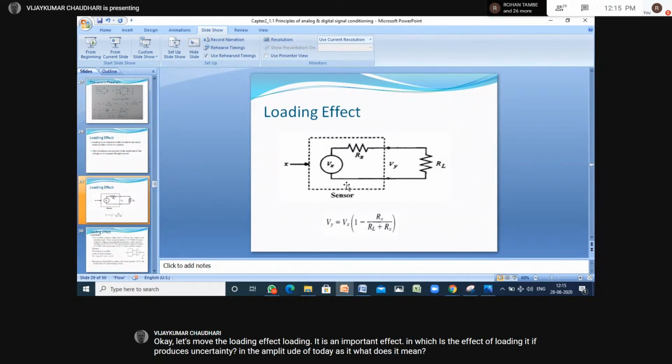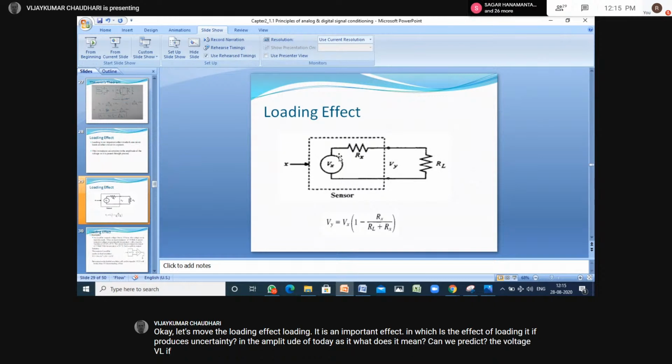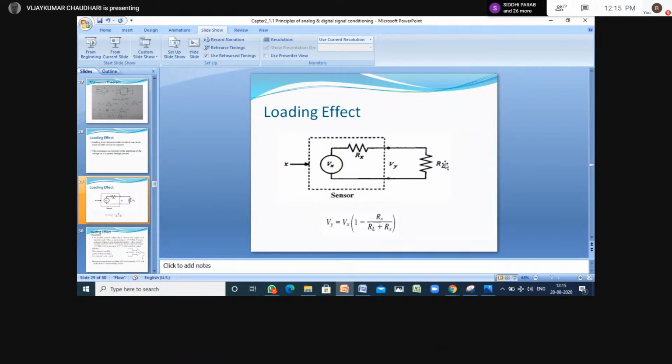So this is the sensor. X is the sensor. Vx is the Thevenin's equivalent of the sensor. Vx and Rx are the open circuit voltage, or VOC, of the sensor and the internal resistance of the sensor. Here the output voltage Vy is across the load resistance.